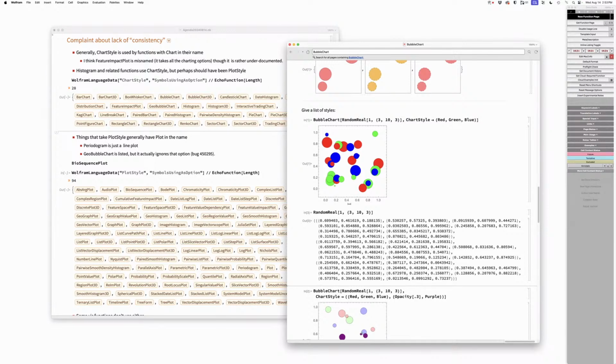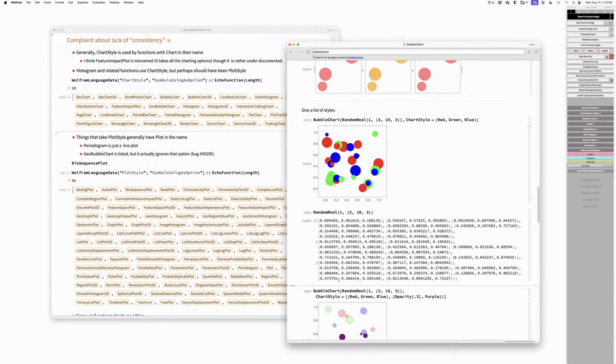And by the way, there's things like TreeForm under PlotStyle that are just mysterious. TreeForm under ChartStyle? TreeForm needs to be modernized anyway. Oh, I see. In the list. Right, that's just because I think it passes things onto TreePlot.